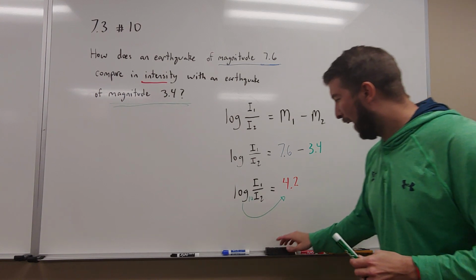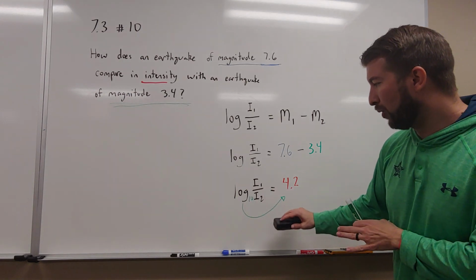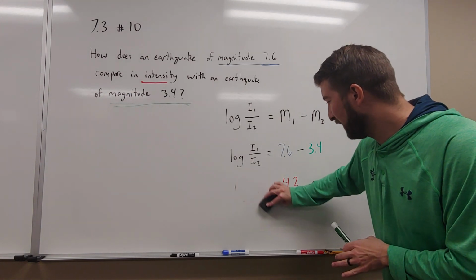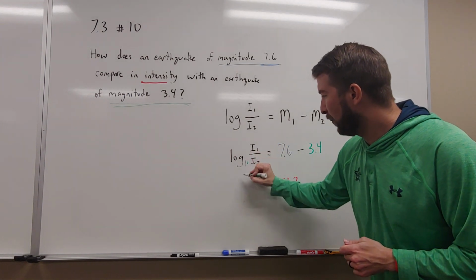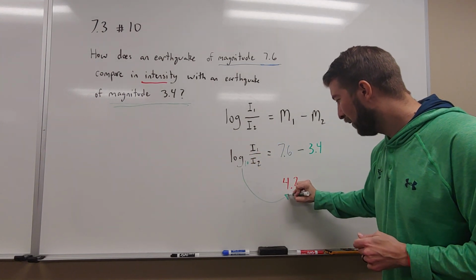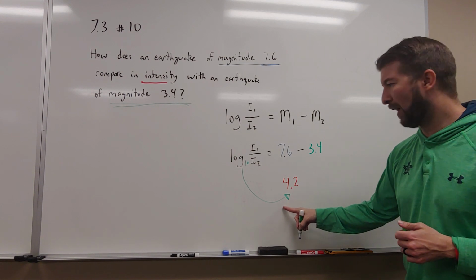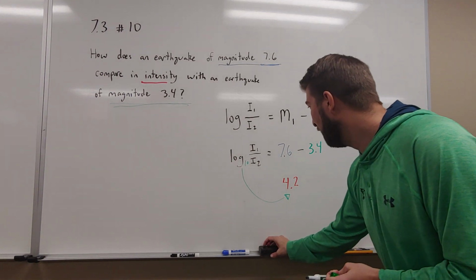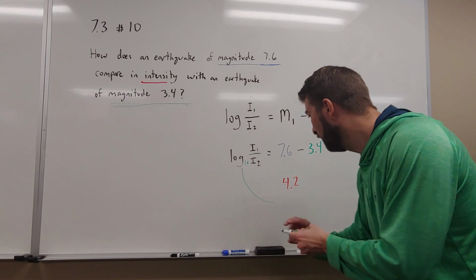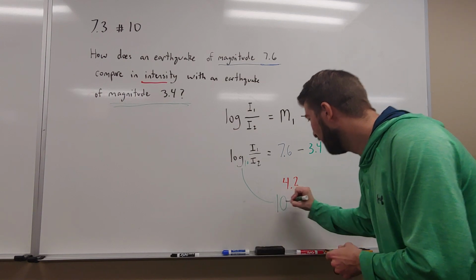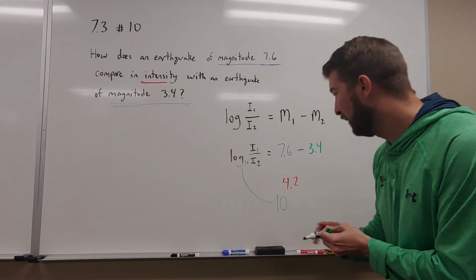I'm going to write this a little bit differently because I'm running out of room. I'm going to make it 10 right here, with an exponent of 4.2.